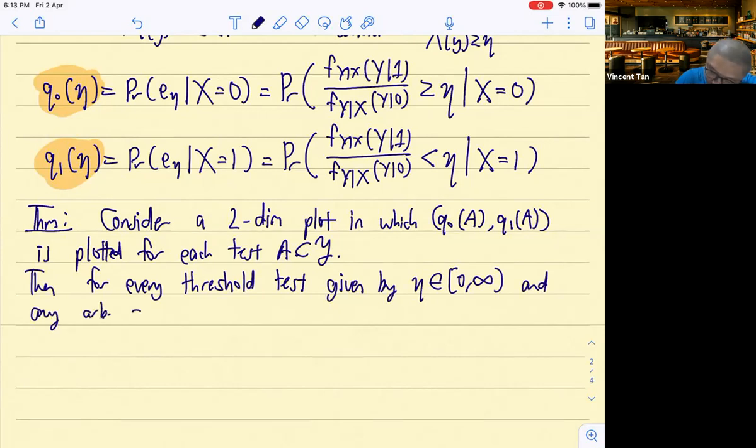and any arbitrary test A, the point Q0 of A, Q1 of A, basically this is the performance.